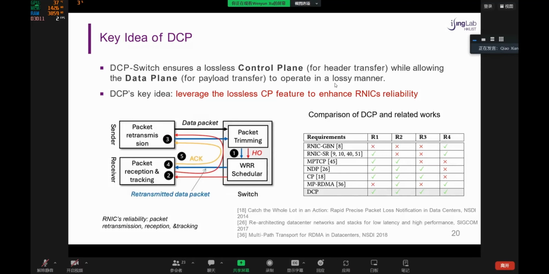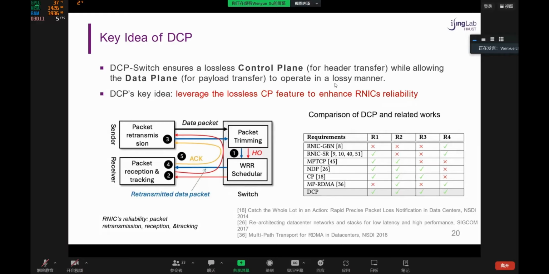If we simply look at the table in this slide, in terms of the first 3 design requirements, independence from PFC, compatibility with per-packet load balancing, as well as fast transmission, both NDP and CP support those features, but maybe to different extents of performance. So did you compare DCP with these two? How much improvement can we get compared with these two?